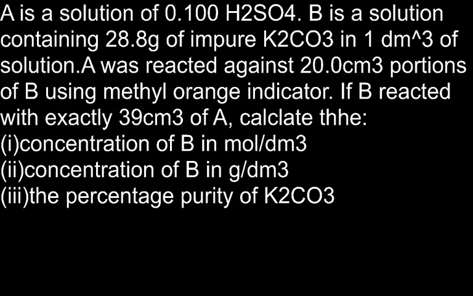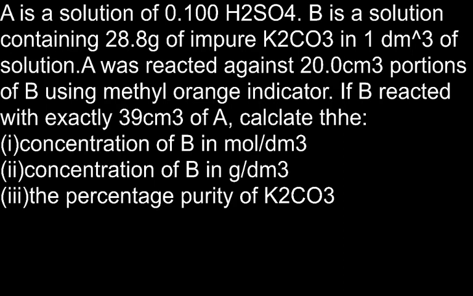So if you carry out your titration and you get your average volume, which is given to us in the question to be 39 cm cube, because we are told that B reacted with exactly 39 cm cube of A, you have to calculate the concentration of B in mole per dm cube.